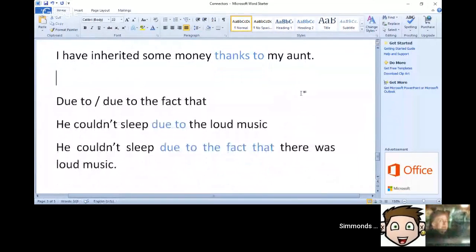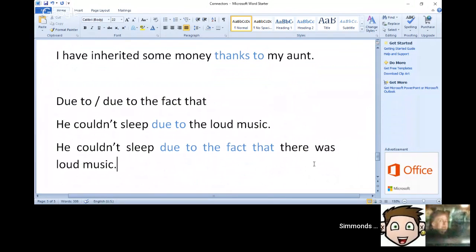And we'll move down here. Now, here we have different examples. So I'll go ahead and read this one. So due to and due to the fact that, all right? So he couldn't sleep due to the loud music, period, okay? And he couldn't sleep due to the fact that there was loud music. Okay, so with this one, we need a little bit more, the structure is different.